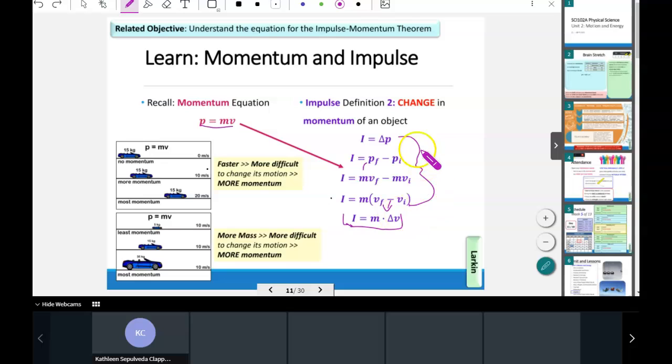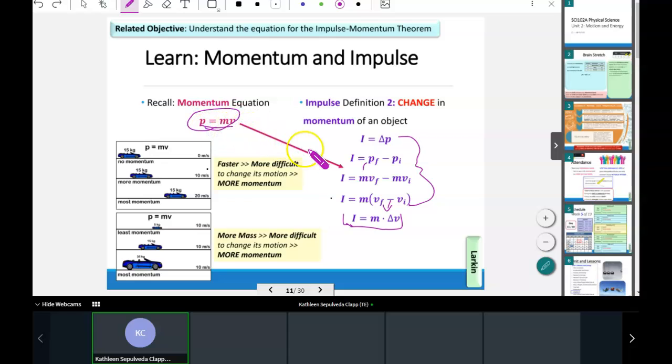Yeah, I can go over it again. Absolutely. So looking up here, London, it says an impulse is equal to the change in momentum. Well, I'm just breaking it down. The change in momentum is going to be my final momentum minus my initial momentum. Well, if you look over here, momentum is this equation, right?